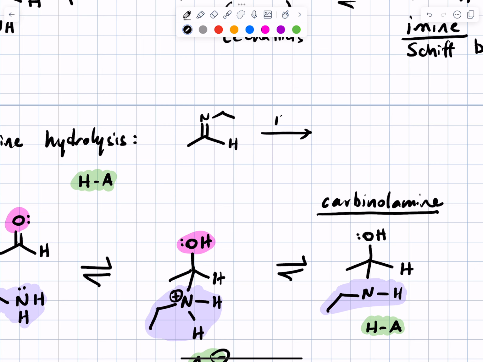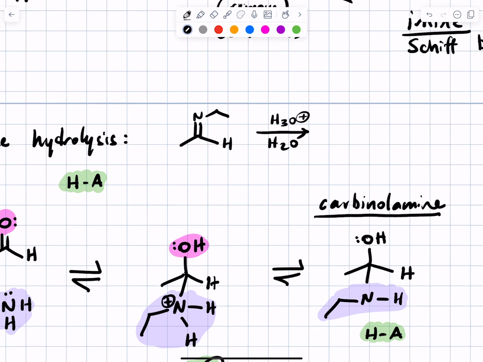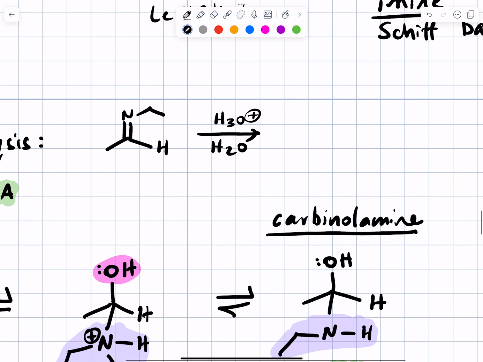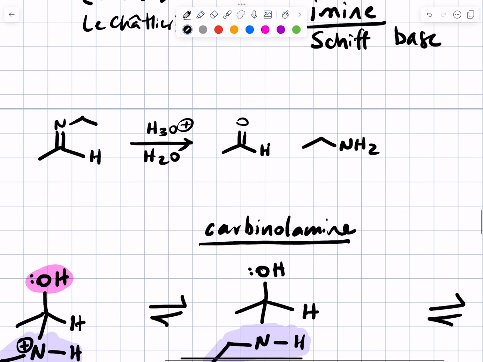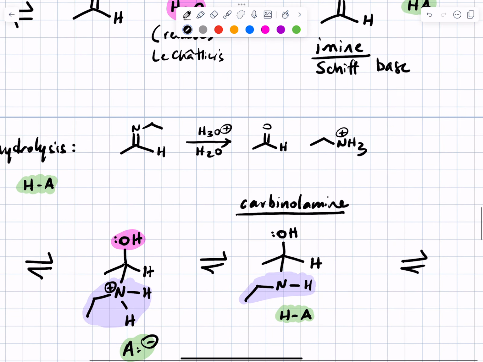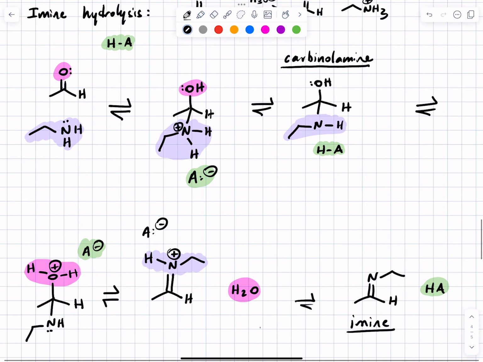In this case, we're going to add acid and water. So we can use any aqueous acid for this. And in the end, we're going to get our aldehyde and our amine back. And probably the amine's going to be in its protonated state because we're under acidic conditions.